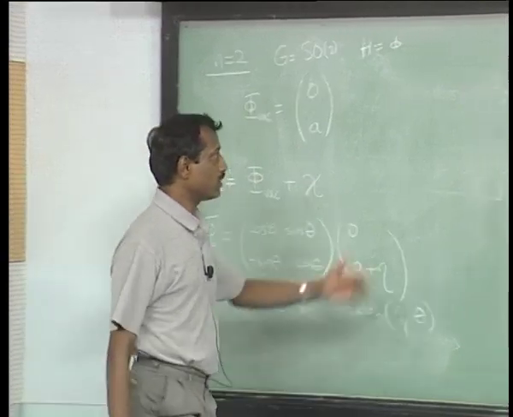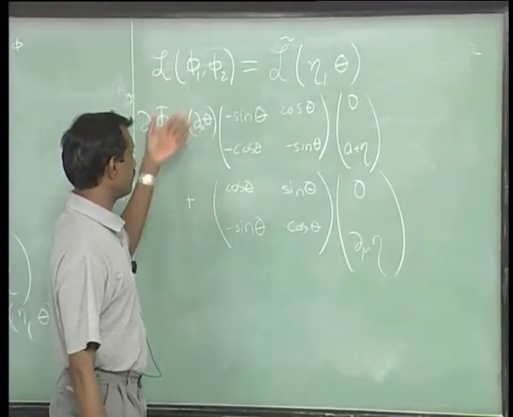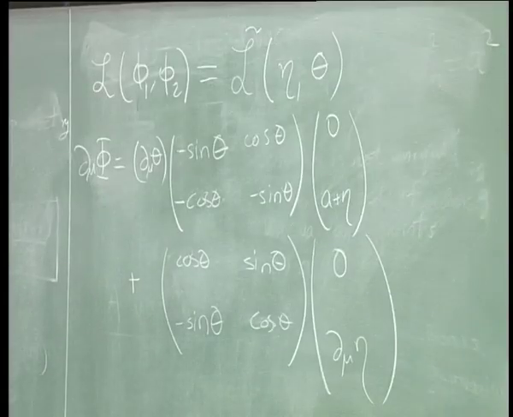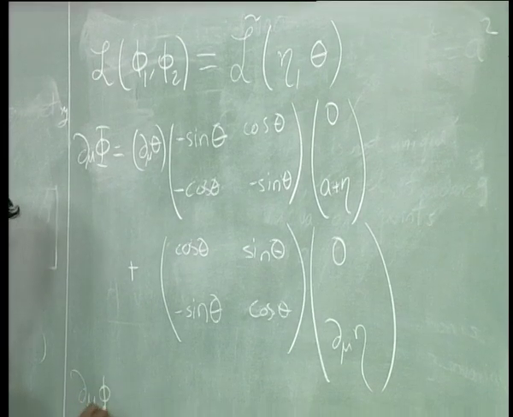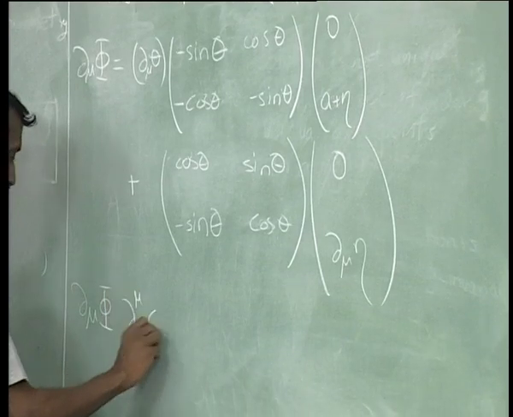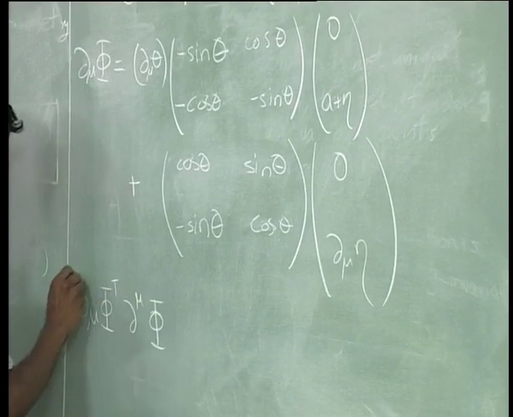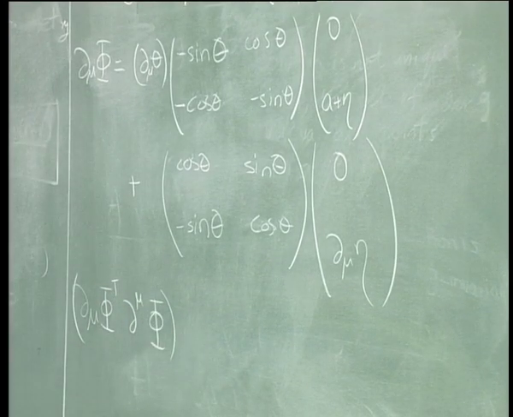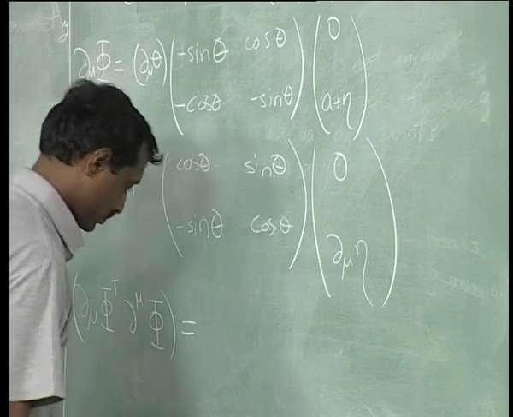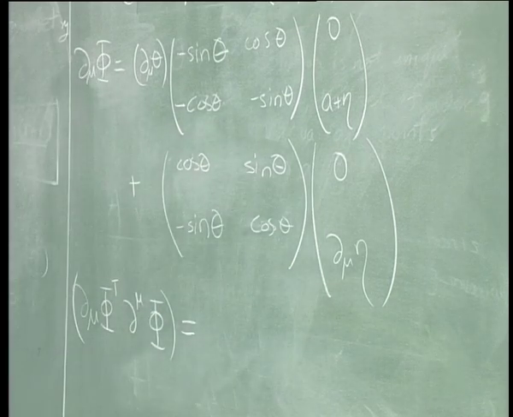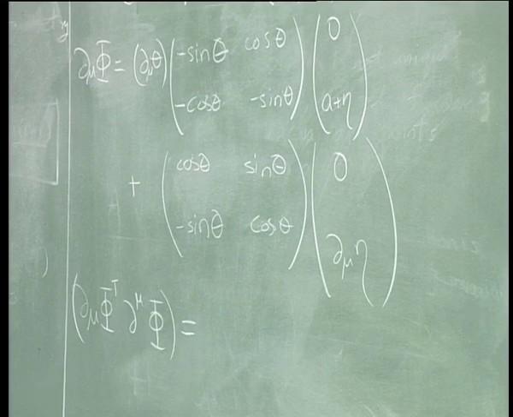Okay. So, now you just got to go ahead and put this in, so we need to compute d mu phi transpose, of course. I will let you work this out, and tell me what you get. Okay.